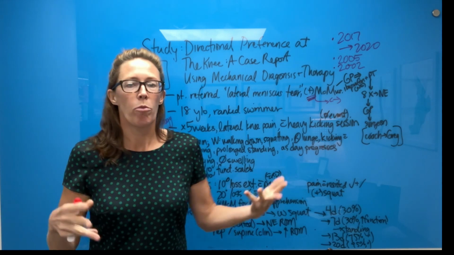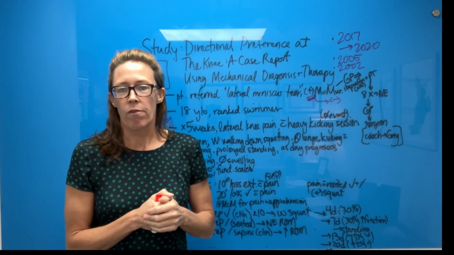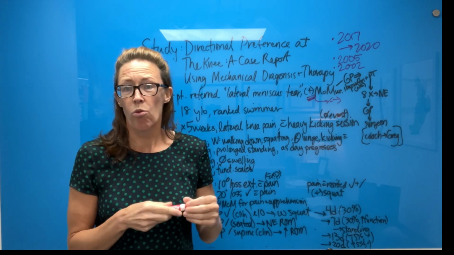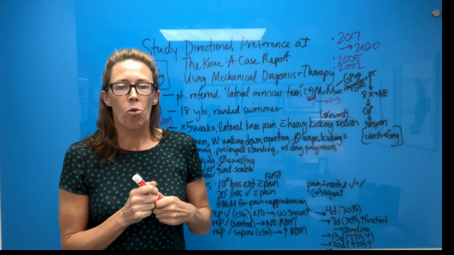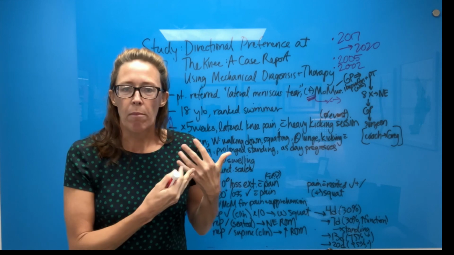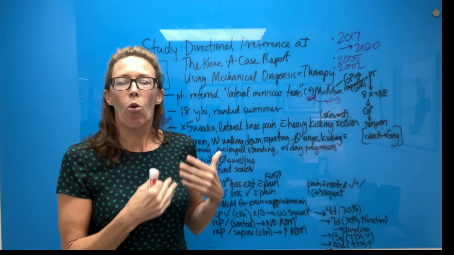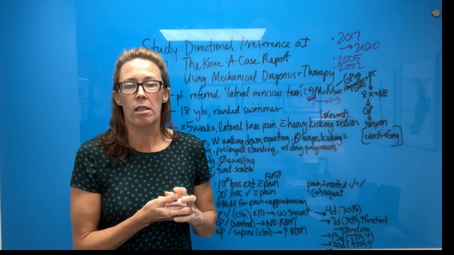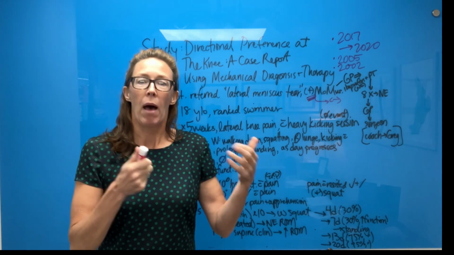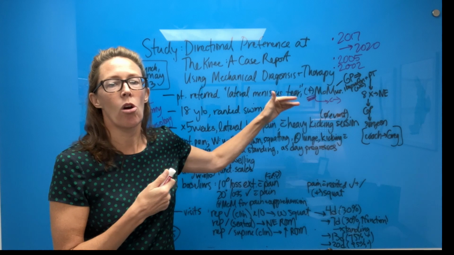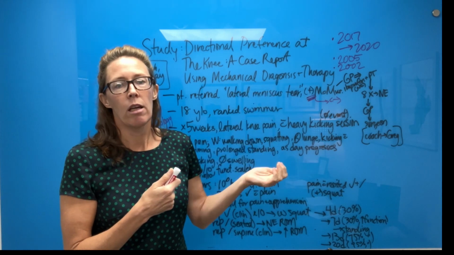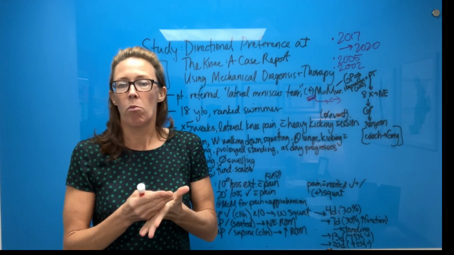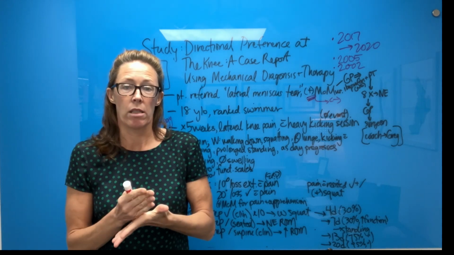They do not have 100% sensitivity and specificity nor reliability. And so what I've learned by using MDT is to really question the validity, the veracity of all of these tests that purport to look at pathoanatomy, right? These tests are at their best claiming that there's a problem with the anatomy, with the meniscus.